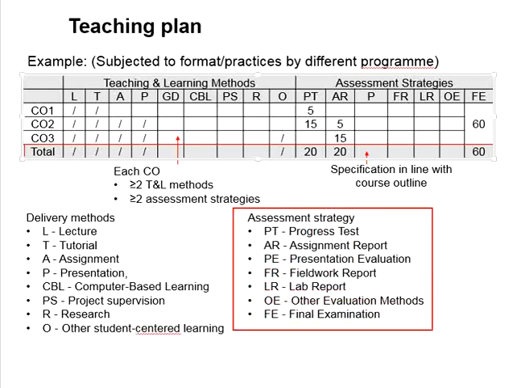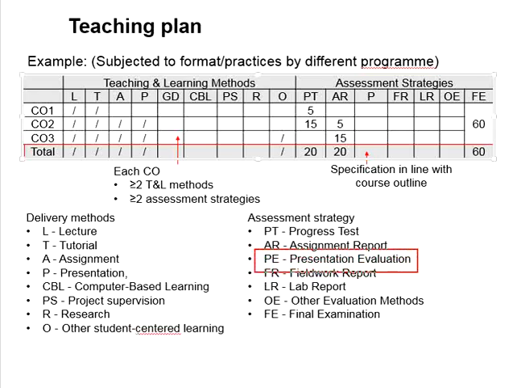There are a series of assessment strategies. This may include the presentations, evaluations, fieldwork report, lab report, other evaluation methods, and final examinations. Normally, different courses will have different combinations here. For the course that is not compatible for final examinations, where a capstone project may be involved, most likely it will go for the other evaluation methods.